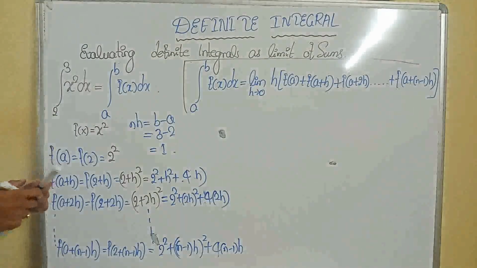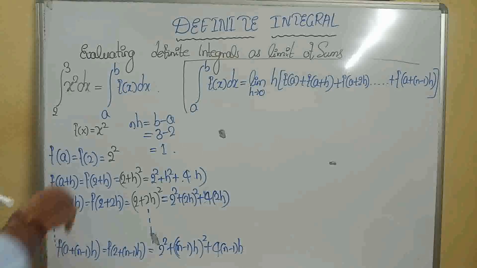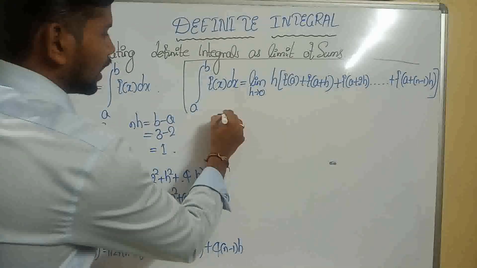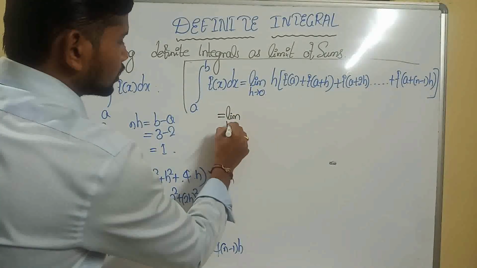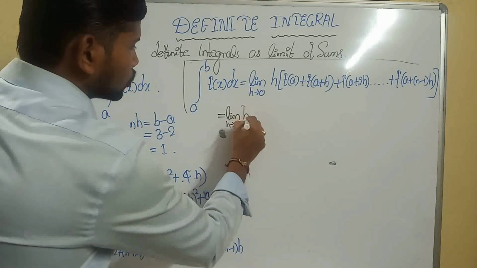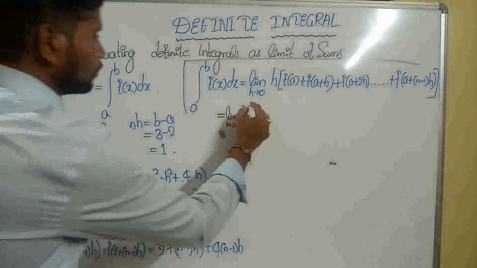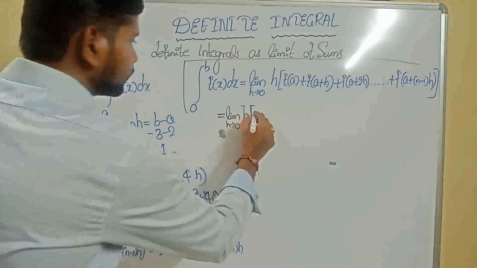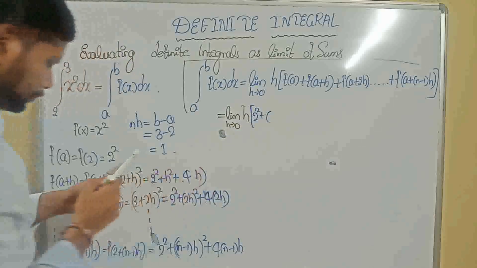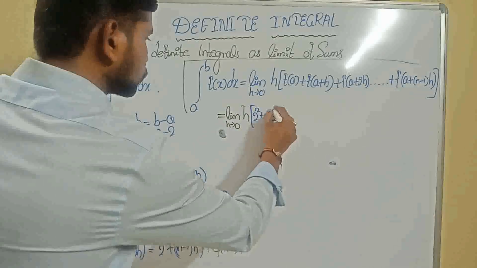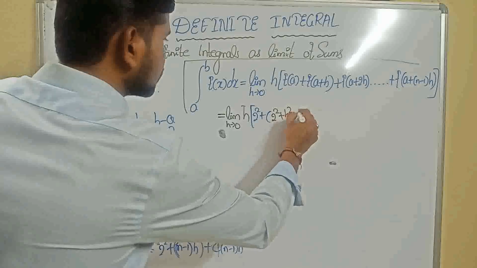Got the point clearly? We already prepared all the terms. Now I need to substitute these values in the limit, h tending to 0, h as it is. The first value is 2 square. Next value will be 2 square plus h square plus 4h.